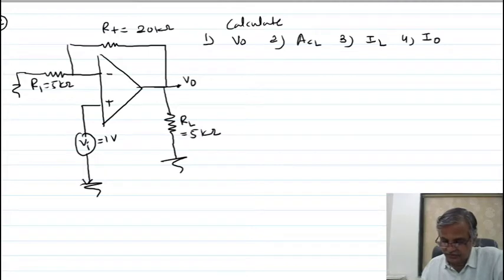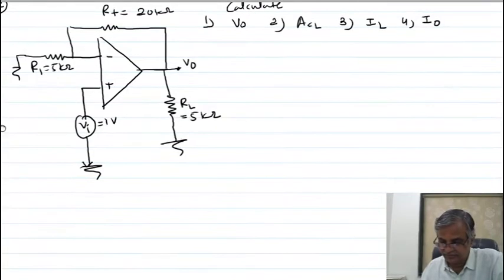Listen to the questions. For this given circuit diagram, they have given R1 is 5 kilo ohm, RF 20 kilo ohm, RL 5 kilo ohm, input is 1 volt. Calculate VO, ACL, IL and IO. Now I am calculating.